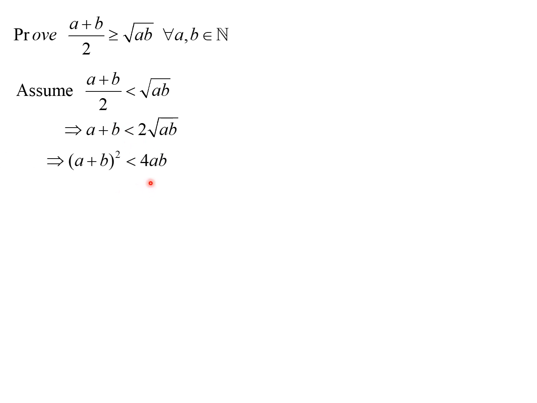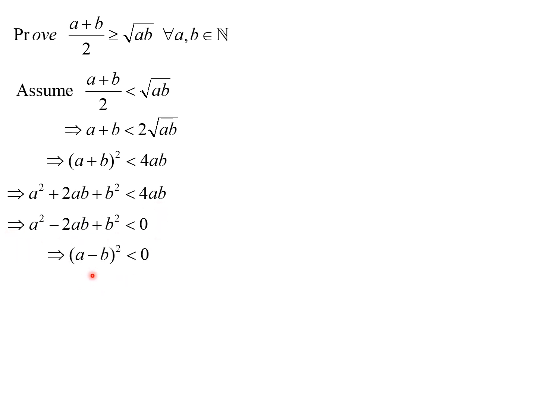In this case, what I did was I brought the 2 up, and then to get rid of the surd, I have to square both sides. When I square both sides and expand it, I got this. Then I brought it over to the other side and tried to factorize it.